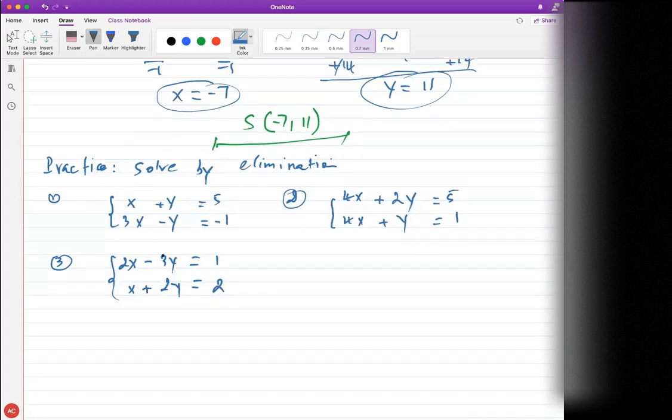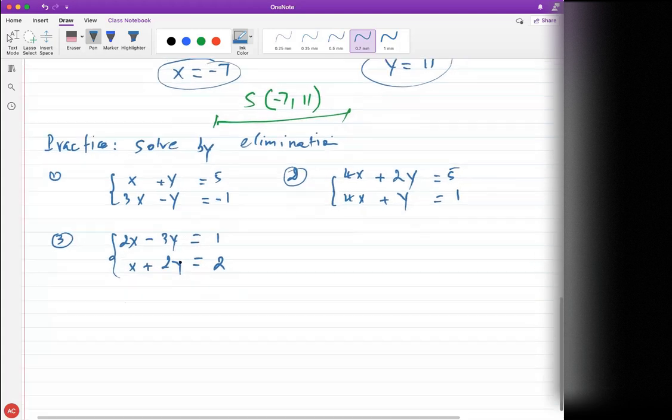Okay, the third one. So I'll give you a hint here. You may need to multiply one of the equations by a number, because right away nothing cancels out.